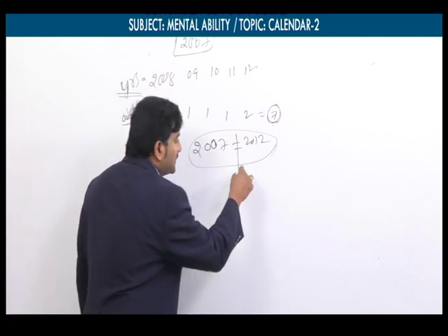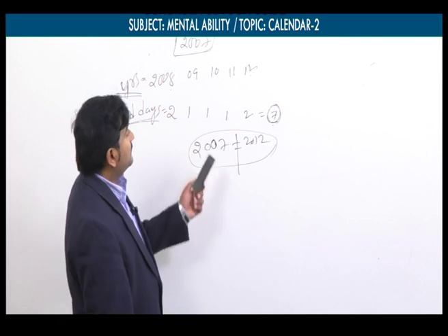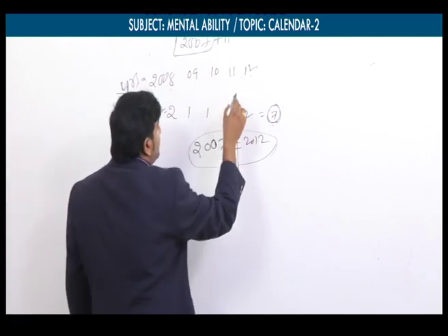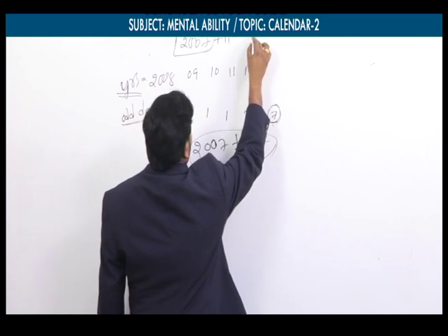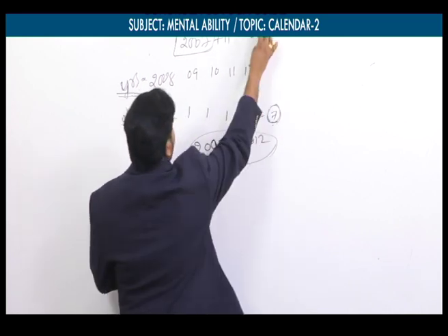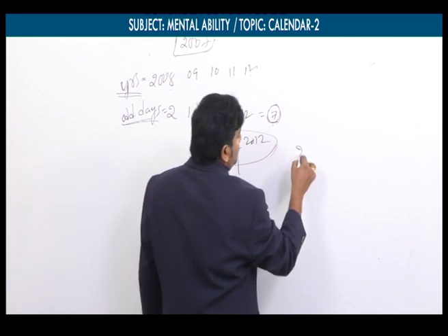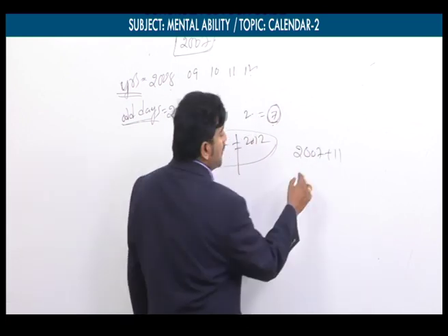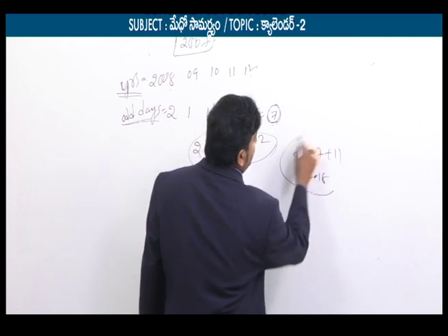But I will not agree with this, because in type 1 we discussed, for 2007 how much did we add? 11. If you add 11 to 2007, how much do I get? 2018.